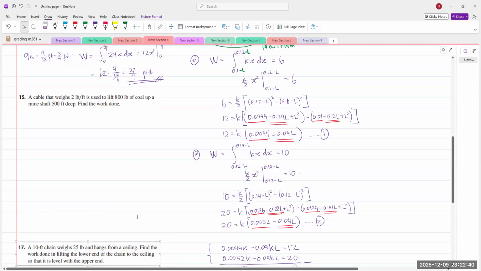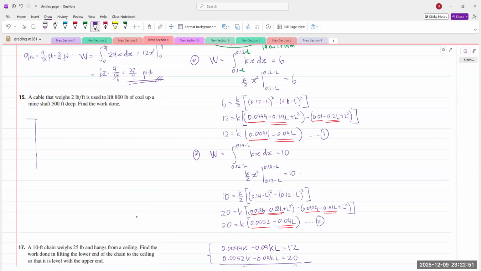A cable that weighs 2 pounds per foot is used to lift 800 pounds of coal up a mine shaft 500 feet deep. So let's say we have a mine shaft that is 500 feet deep, and the coal down there is 800 pounds.